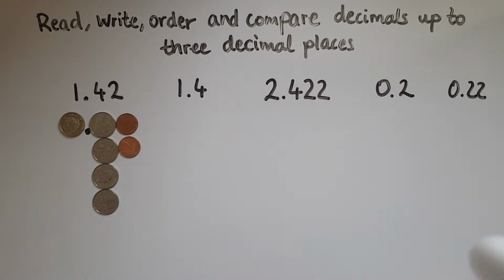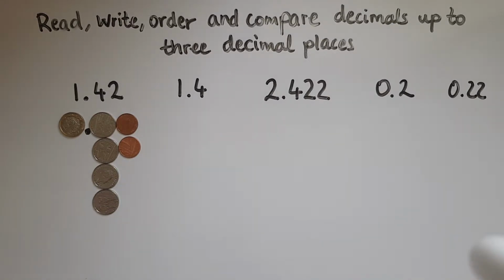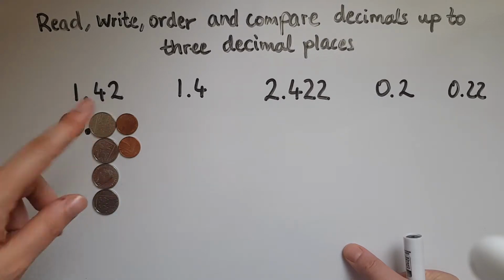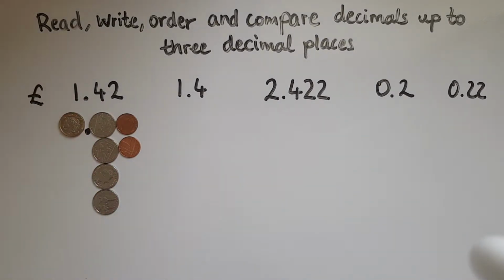Now, in terms of ordering and comparing them, this is what I'm going to be working on. So I've tried to represent 1.42, and I link it to money because it's one of the contexts that we use on a daily basis, and it's easier to understand and remember. But you could also link it to measurement and a range of other topics. So we got 1.42. If this was money, I'll put a pound notation in front, just to put it into context.